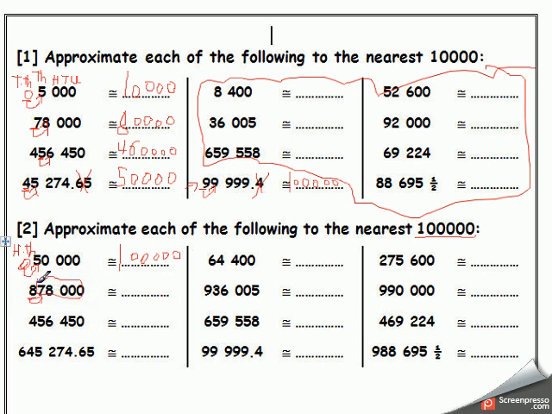How many digits are here? 5. I will write 5 zeros. After that, I increase the 8. 7 is strong, so 8 becomes 9 because it is increased by 1.